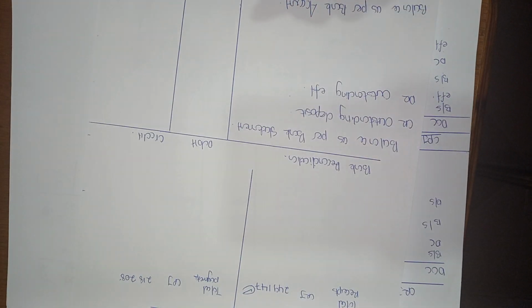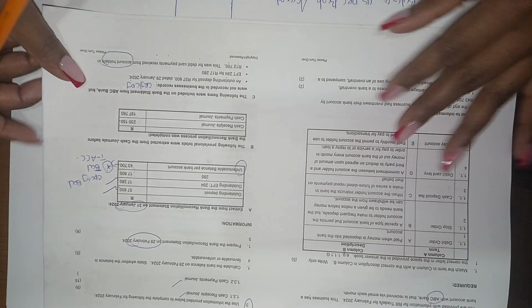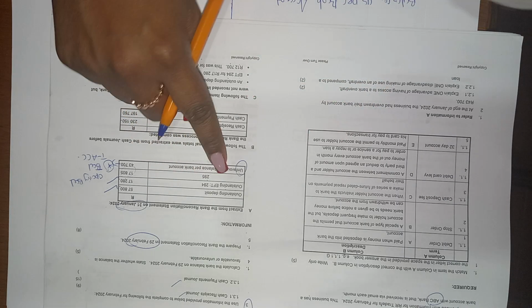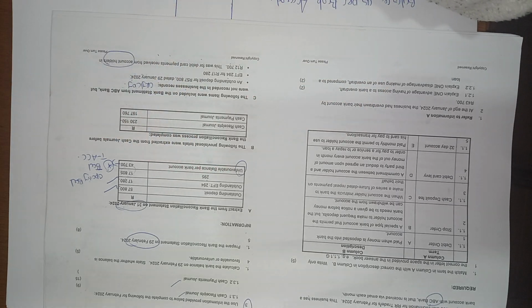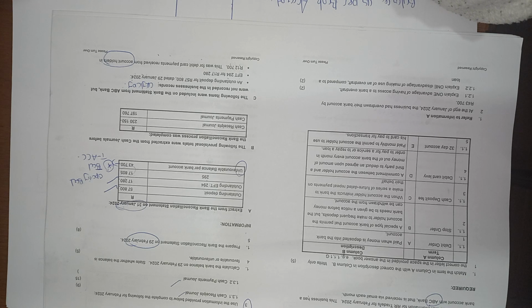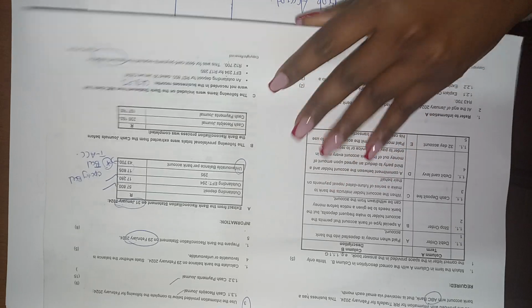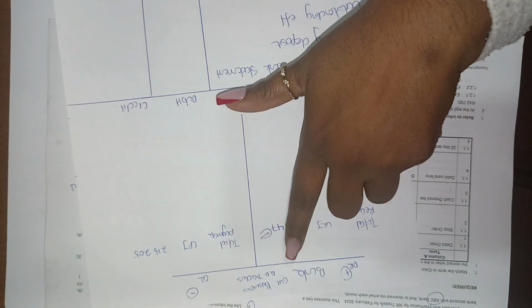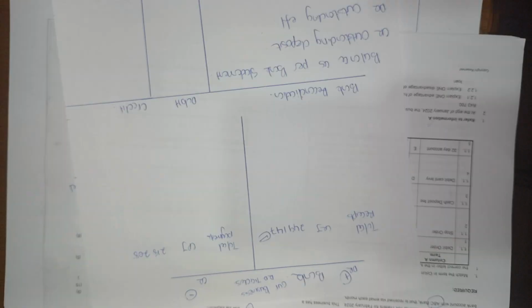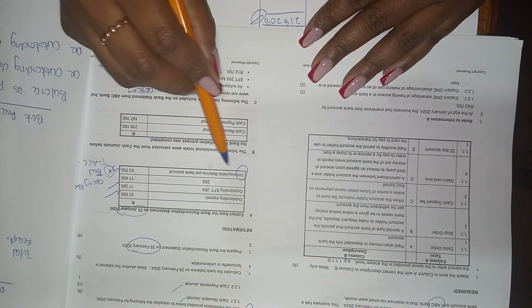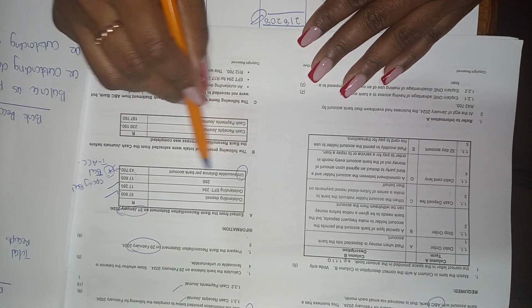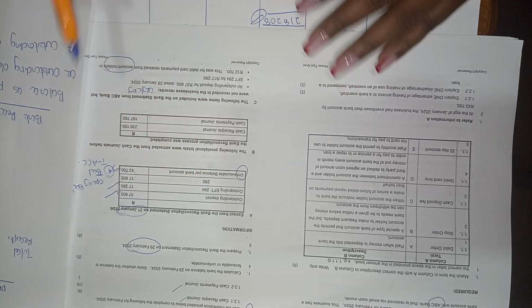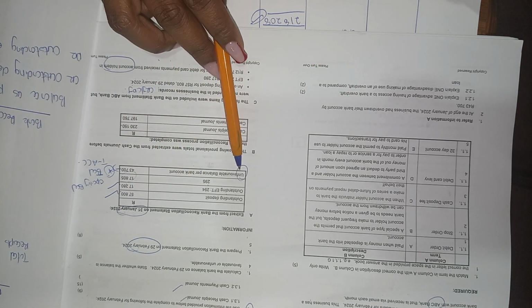Okay, something to take note of was that earlier when we did this extract and I said most of the time, not all of the time, when they give you a bank reconciliation statement and they do not tell you what was this balance here at the beginning, whether it was a debit or credit, you use this information here from the previous bank recon as the balance at the beginning.